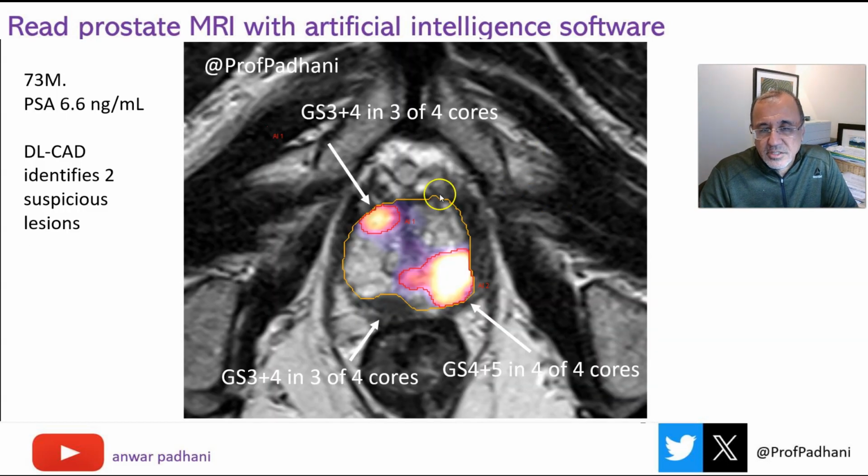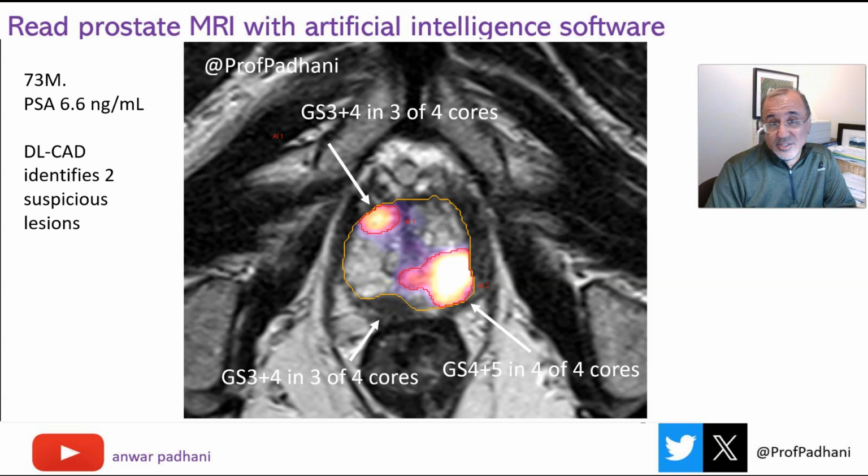So it misses the lesion that's adjacent to and on the outside of what it thinks is the prostate capsule. So just to reiterate, this was a 3+4 cancer, this was a 4+5 cancer, and this was a 3+4 cancer. So this outline here, instead of being at the back here, is responsible for this miss by the AI.